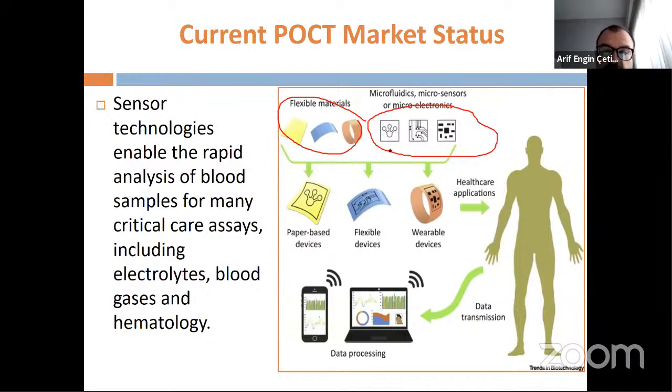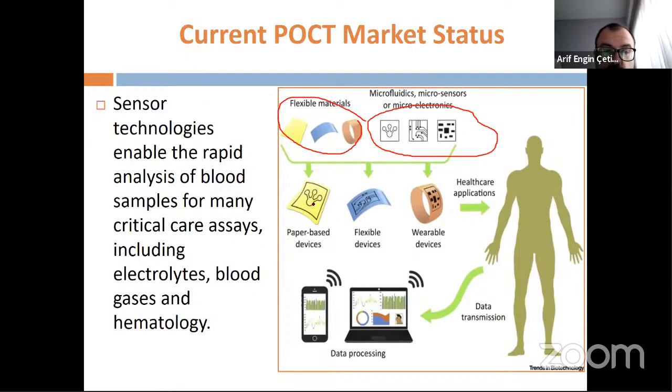The microfluidic is very important here because you use these flexible materials as a sensor, and it's hard to deliver your targeted sample right to the sensor. So these microfluidic devices are used to effectively send the collected sample to the sensor location.